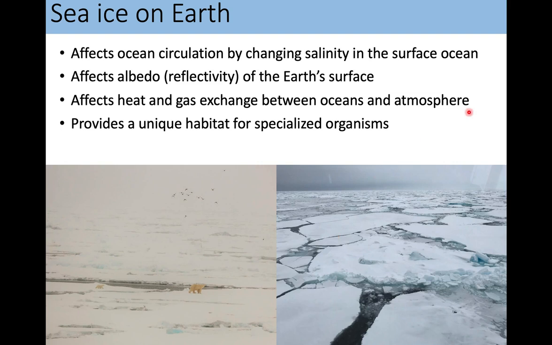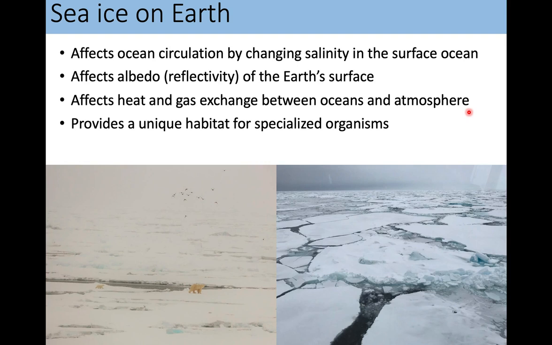So sea ice on Earth is very important for a lot of large scale processes on Earth. So it affects ocean circulation. So it changes the salinity. By freezing water, you are removing water, but you keep the same amount of salt in your ocean. So you actually make the ocean saltier.